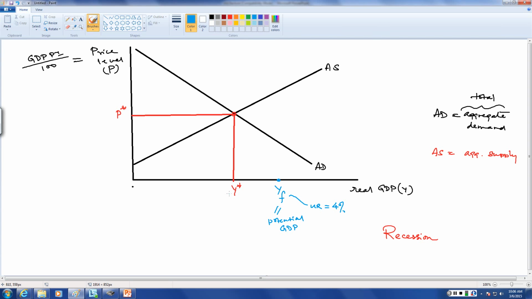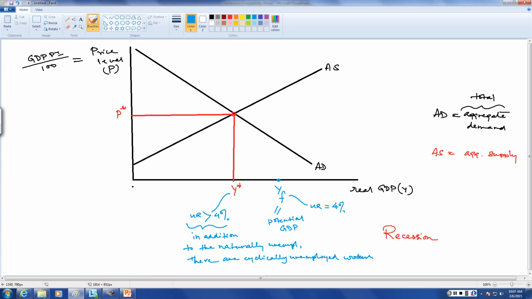So we have here an unemployment rate that is greater than 4%, which means that in addition to the naturally unemployed, there are cyclically unemployed workers. In other words, we have a recession, because cyclical unemployment is the kind of unemployment associated with the business cycle.